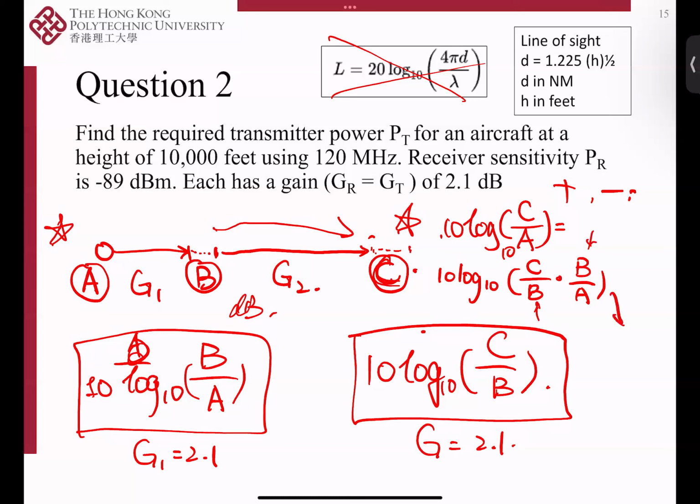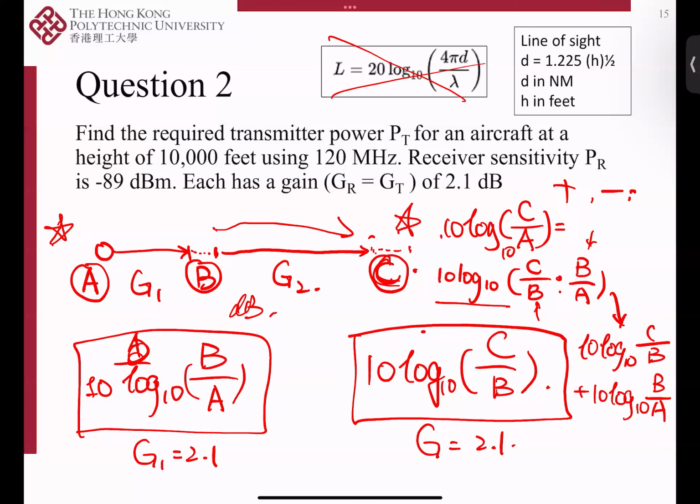Because we are doing a log operation, we can separate these two. We have 10 log 10 of this one, and because it's multiplication inside the brackets, we have addition with the log of B to A. So it becomes looking like this.